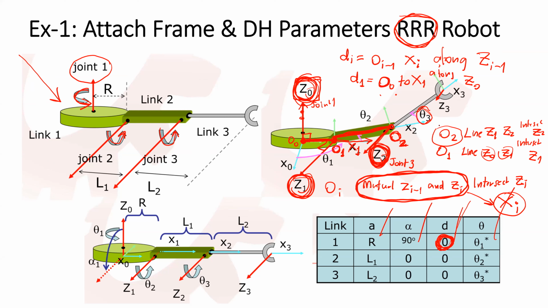How about the x2? X2 is the mutual perpendicular between C1 and C2. The mutual perpendicular between C1 and C2 is along this direction, so this is the direction of the x2.